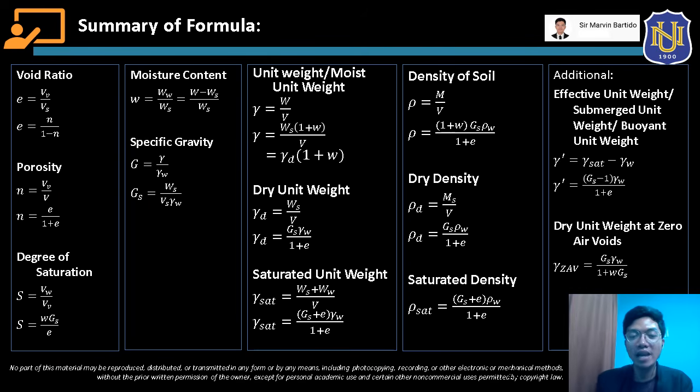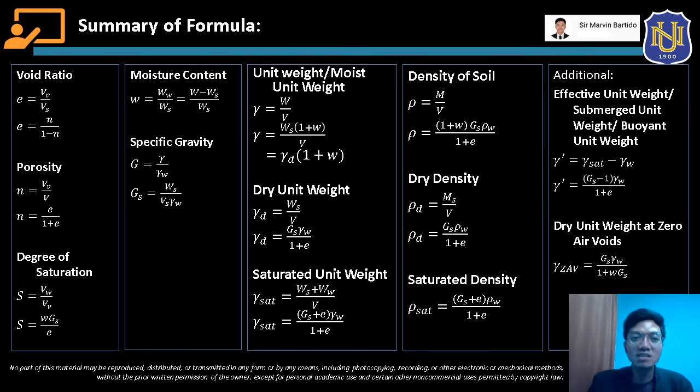Okay, so to sum up class, the list of formula that you have to memorize here, nilagay ko na dito, but if you can memorize everything, go lang, 'di ba? Pero ito class, ako ang maire-recommend ko, ito yung mga i-memorize natin. Kasi yung iba pa na hindi natin ma-memorize, pwede naman natin i-derive from these formulas.